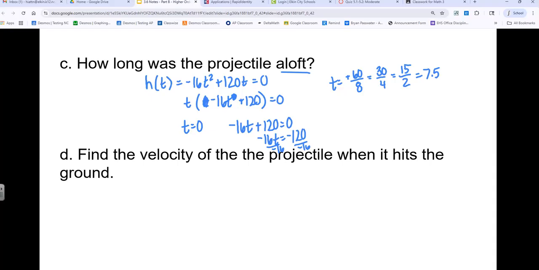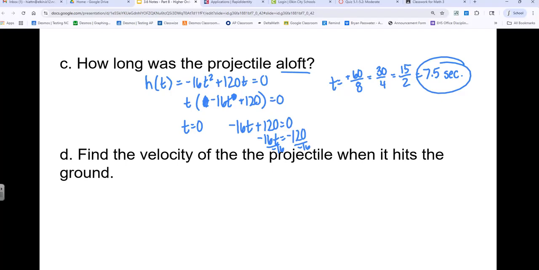Okay. So 7.5 seconds here. t of 0 doesn't work because it was also on the ground whenever it was thrown into the air. That's your beginning piece. So the one we want is this one over here.